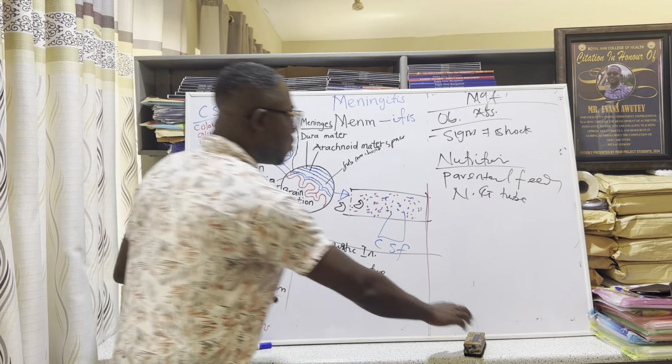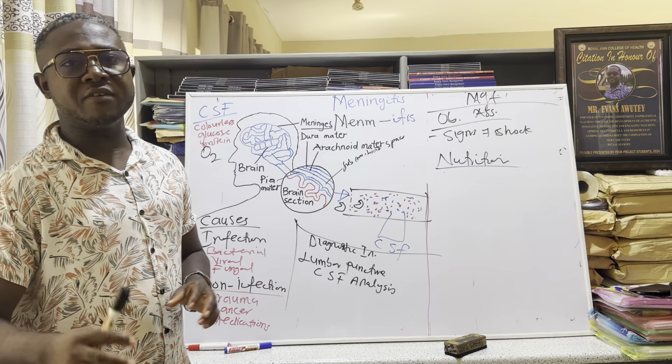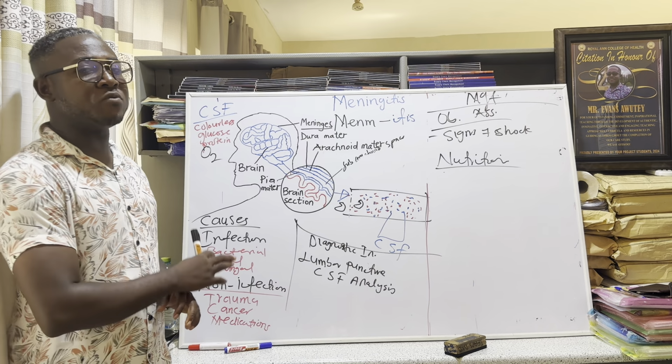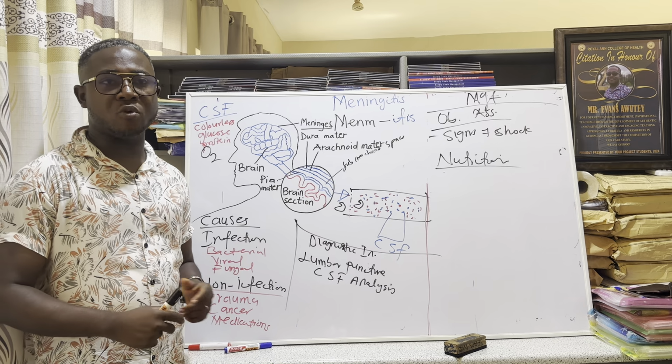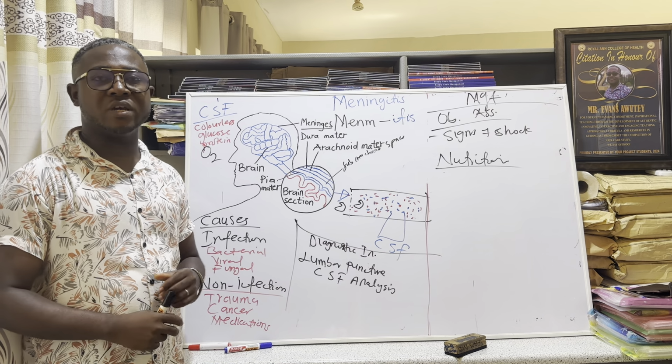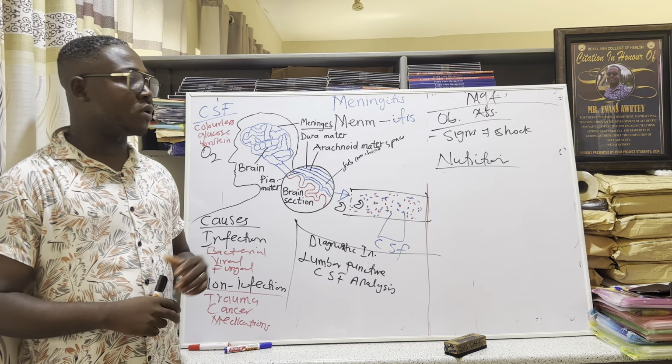Now, what type of food do we give? We need to give adequate diet, which formally we say balanced diet.